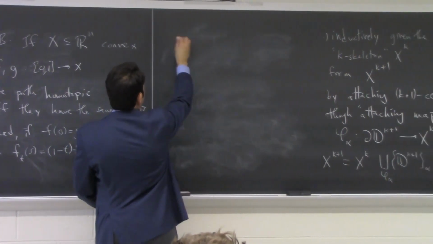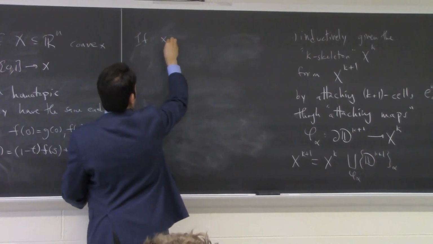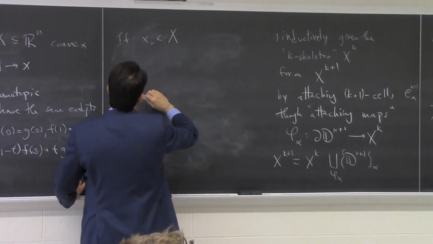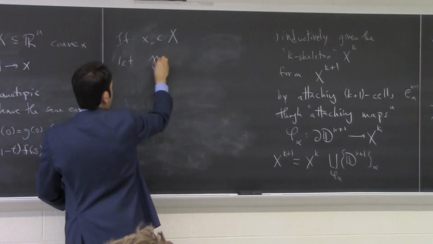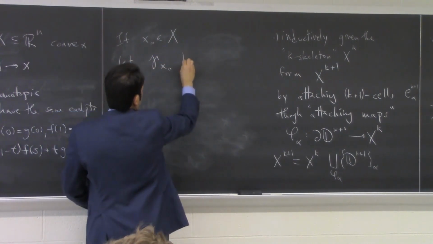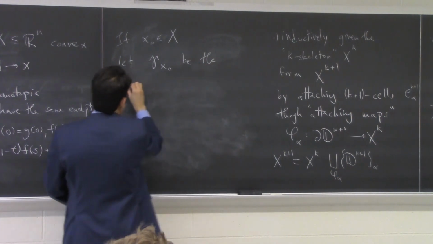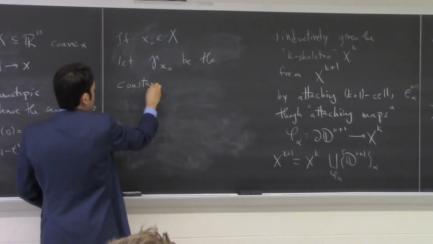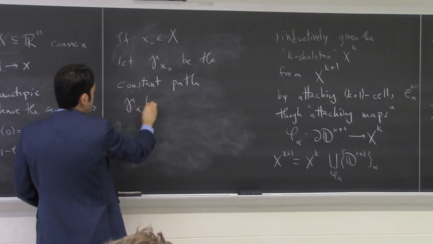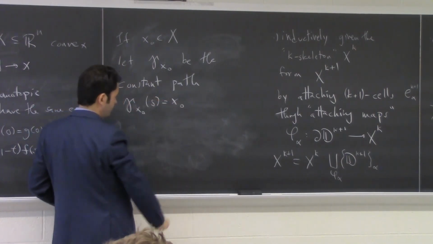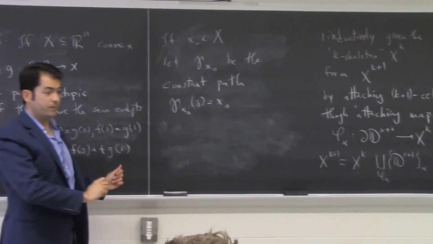Okay, some more notation. If you give me any point x naught in X, then let's denote by gamma x naught the constant path. Right, that just stays there.